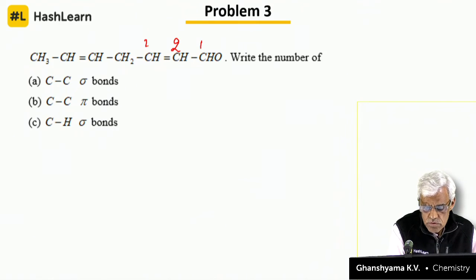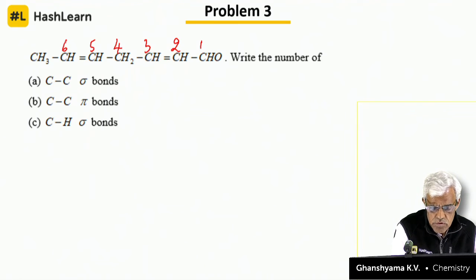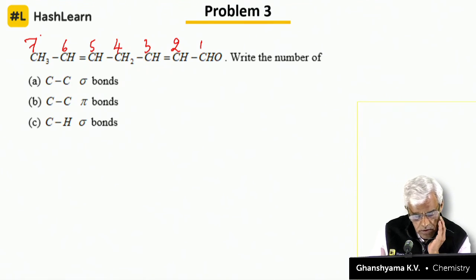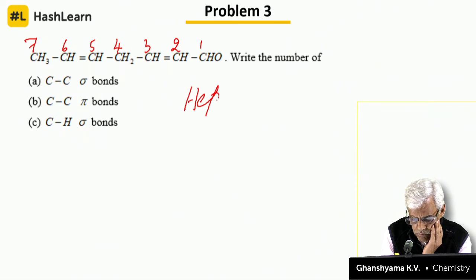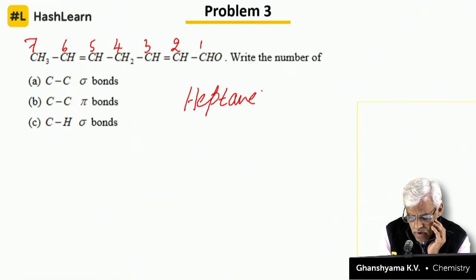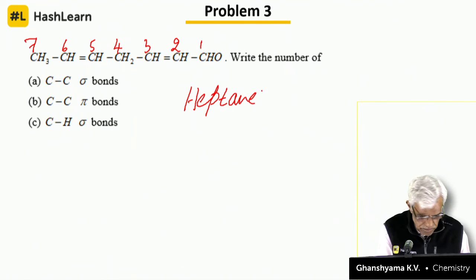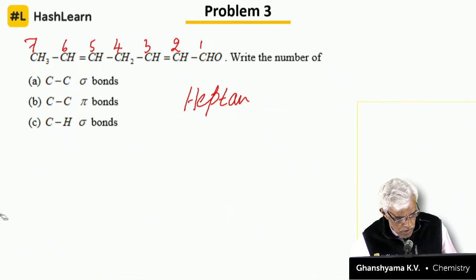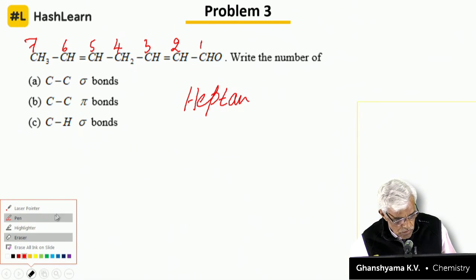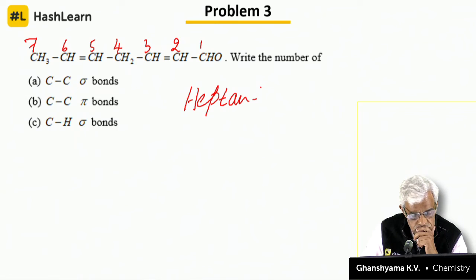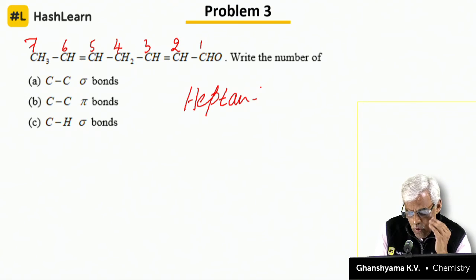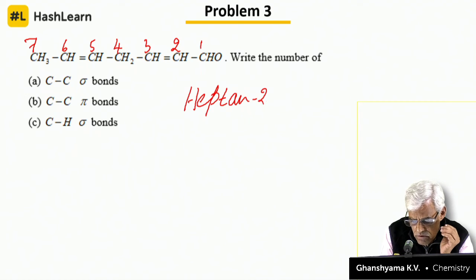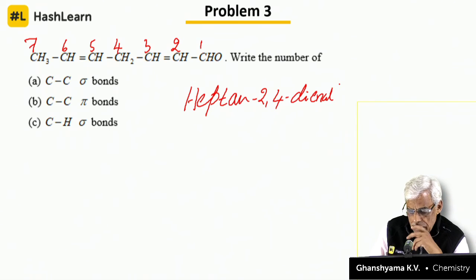1, 2, 3, 4, 5, 6, 7. This is heptane, sorry. Heptane 2,4-dienal.